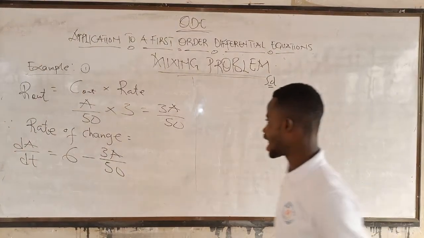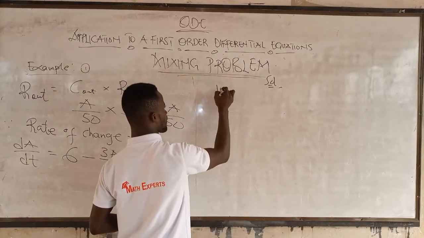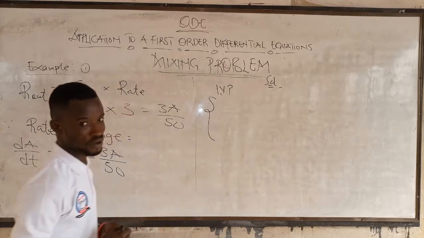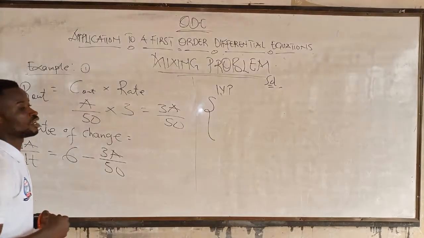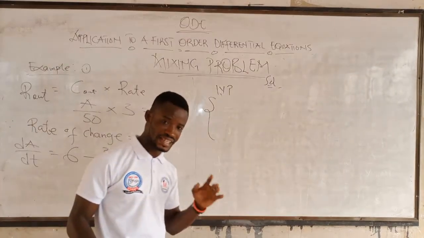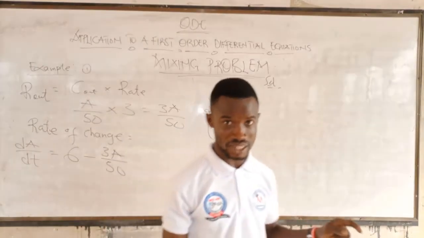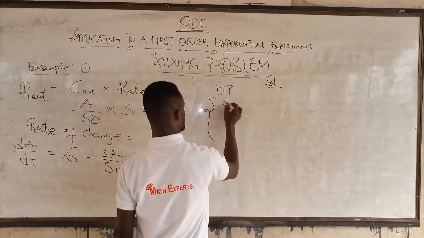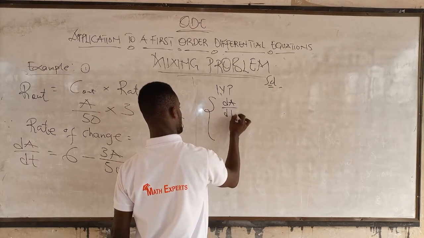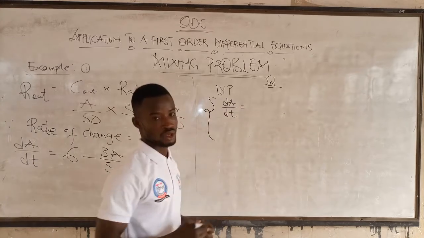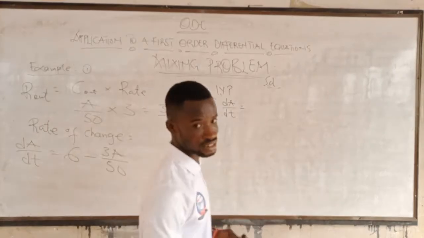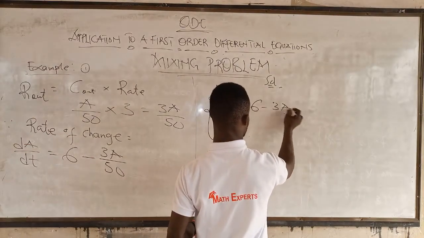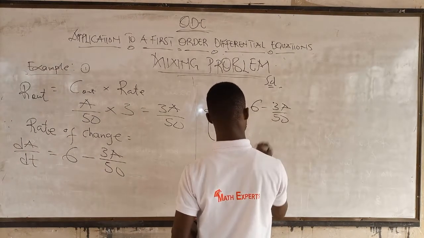Okay, so the IVP. Always state the IVP, even if in the question you were not asked to state it. So that's going to be dA/dt equals 6 minus 3A over 50.